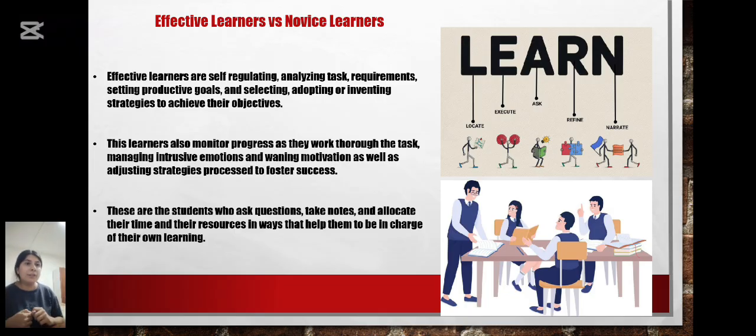Then there are the students who ask questions, who take notes, and allocate their time and their resources in ways that help them to be in charge of their own learning. So we can say that these learners ask questions and take notes. So it is important for you to do these things to be an effective learner if you're not right now.